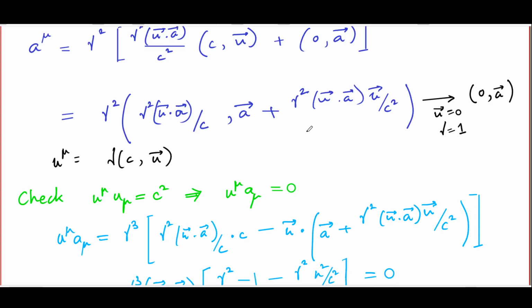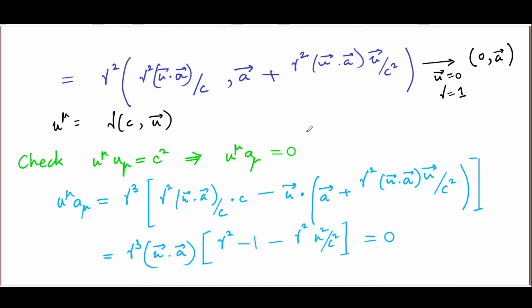This looks like a pretty complicated expression, but note that you have u dot a which you can take common out from every one of these terms, and so you get gamma cube times u dot a, then you get a gamma square from here, minus 1 from this u dot a, and a minus gamma square into u square by c square from this last dot product.